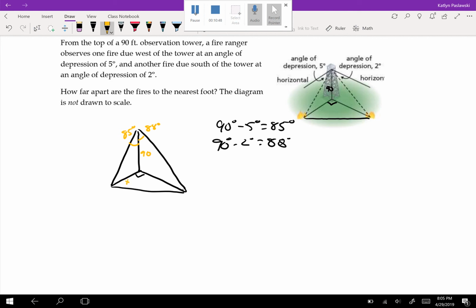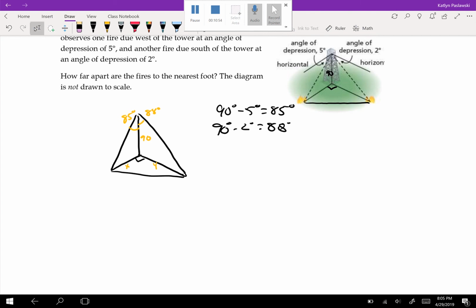So that will be x, and the opposite in this one will be y. So I will start with solving for the one on the left, so the value of x as I labeled it. So I'm going to use tan is equal to opposite over adjacent. I want the opposite and I have the adjacent, recognizing that there are two 90-degree angles there as well.